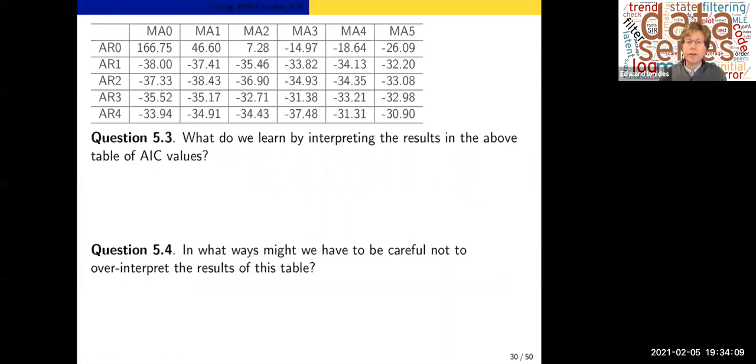I guess the first thing to do is to identify the model with the lowest AIC, which I guess is going to be this one here. The lowest AIC corresponds to ARMA, p is 2 and q is 1.